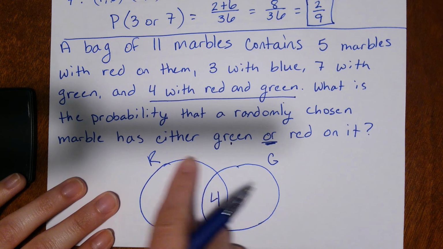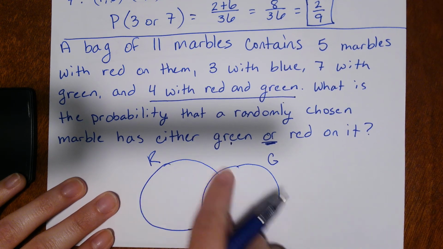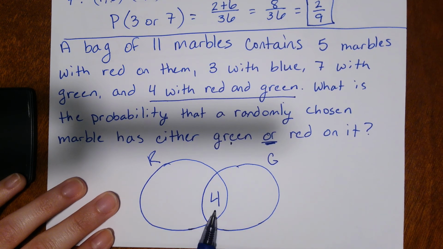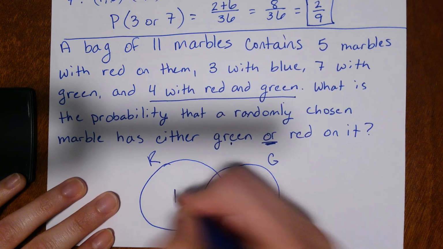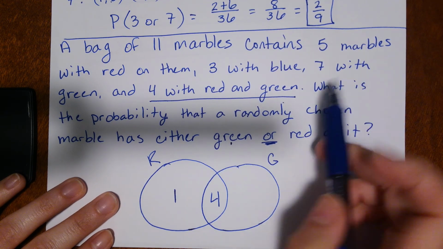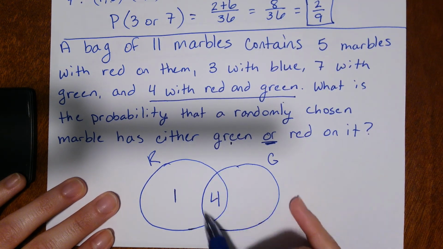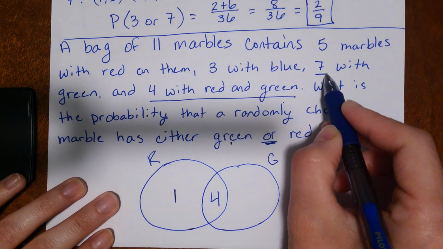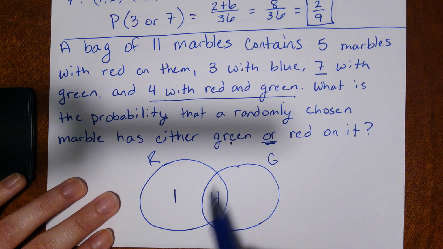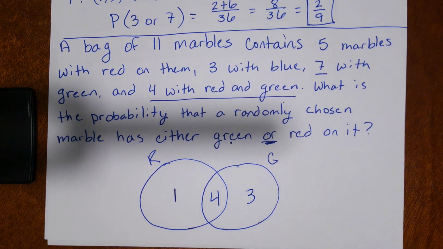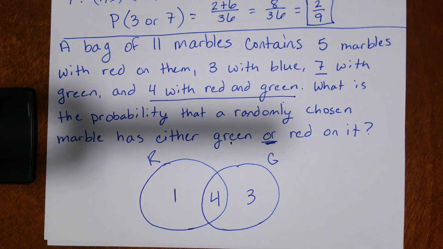If the whole circle is talking about the marbles that have red, and that should add up to 5, and there's 4 in the intersection, that tells me there's only 1 marble that has just red on it. And likewise with the green, this whole circle is talking about the marbles that have green on them. We know there's 7 of those, so this circle should add up to 7. I already have 4 in the intersection, so that means there are just 3 green marbles.